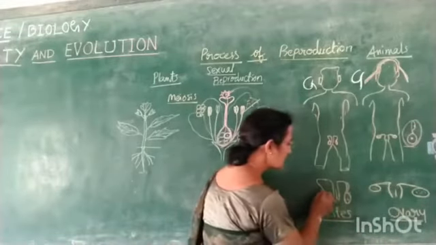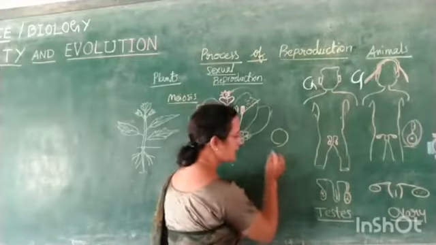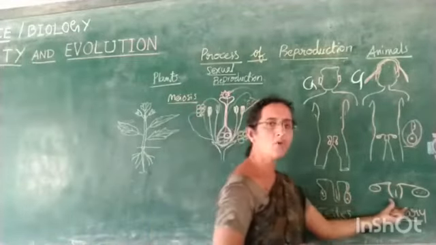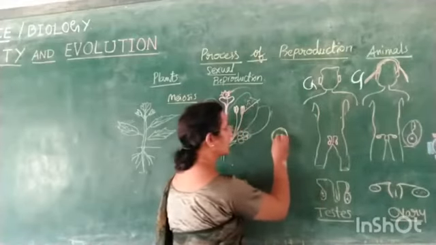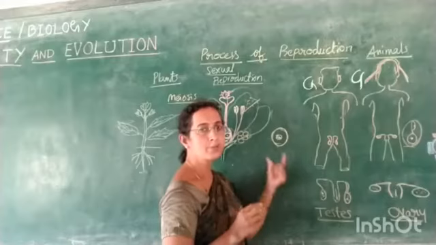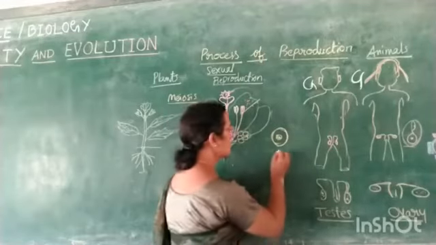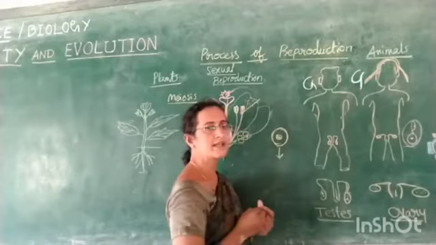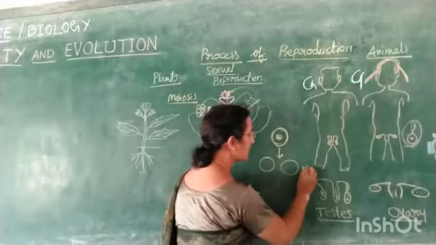A cell in the testis or a cell in the ovary is considered a specialized reproductive cell. This undergoes meiotic cell division to form two cells. This is the meiotic first division.